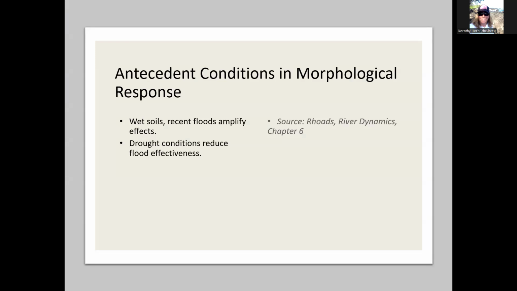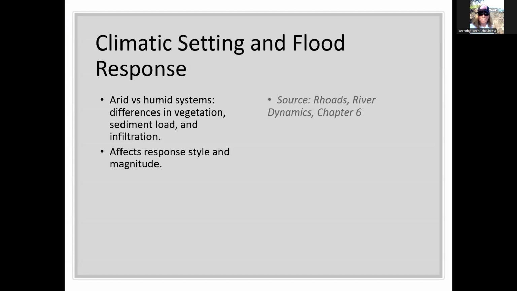So think about landslides, all right? If it's been raining for months and then all of a sudden we get a big rain, it's really possible that the soil is super wet and so it's going to move, okay? Or if we've been in a drought and all of a sudden we get a huge rain that causes some kind of flooding event, it's going to change because the soil is so dry it might just suck all the water right up and you'd have very little morphological response, meaning very little movement in the sand and in the rocks.